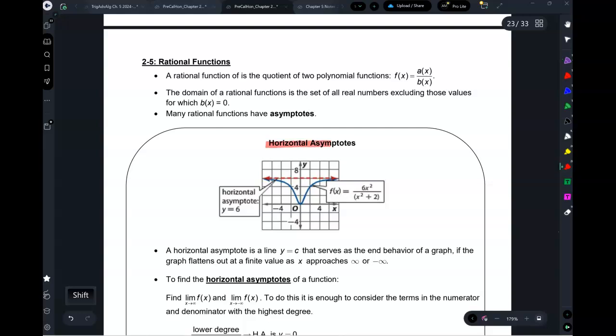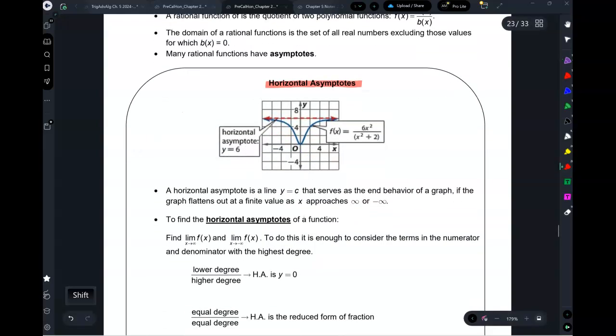A horizontal asymptote is a line, y equals c, that basically serves as the end behavior of a graph. It's basically at what value does the graph flatten out as you approach either positive infinity or negative infinity.